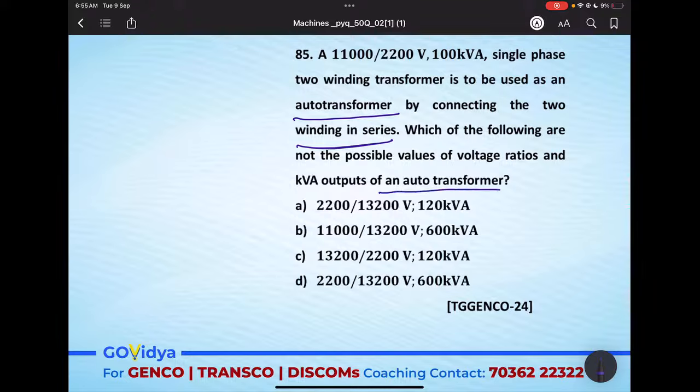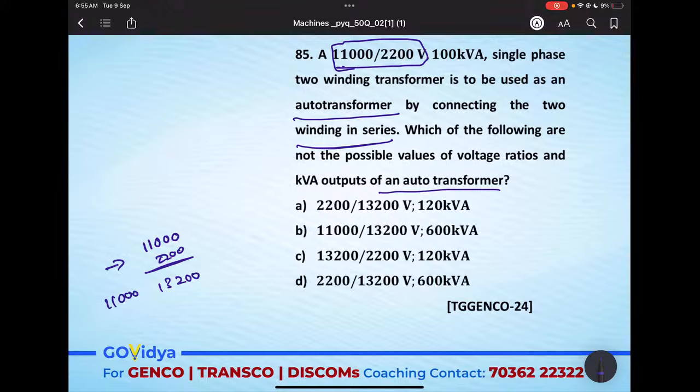The given voltage ratio is 11,000 by 2200. If 11,000 is the common winding and we add 2,200 to this, it will come to 13,200.